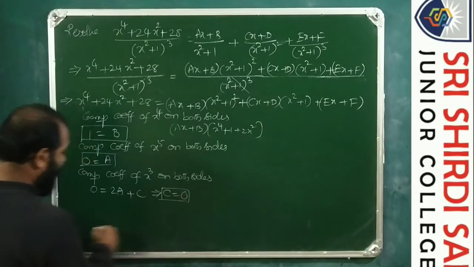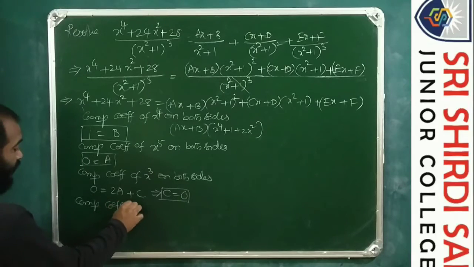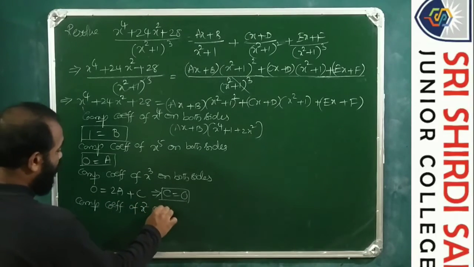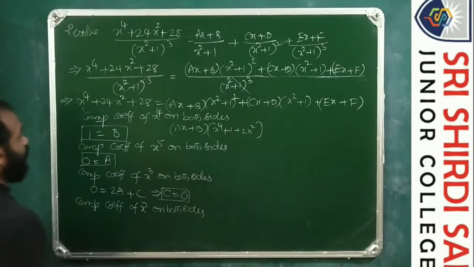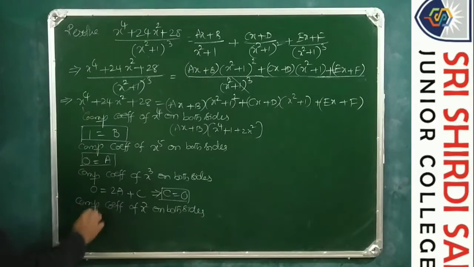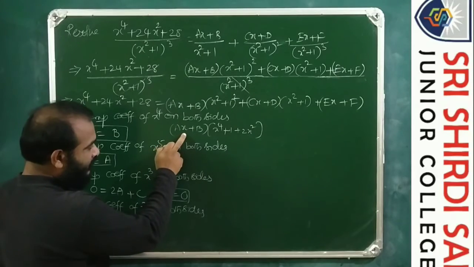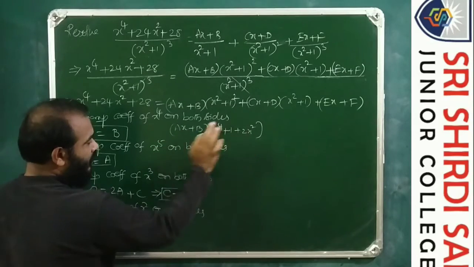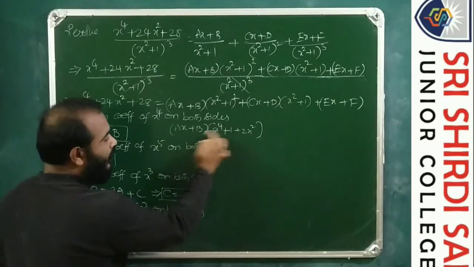Now, comparing coefficients of x square on both sides. The x square coefficient on the LHS is 24. This is equal to ax into 1. So here bx power 4, b into 1. So b into 2x square is 2bx square.